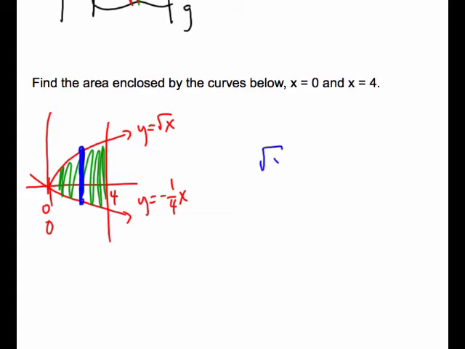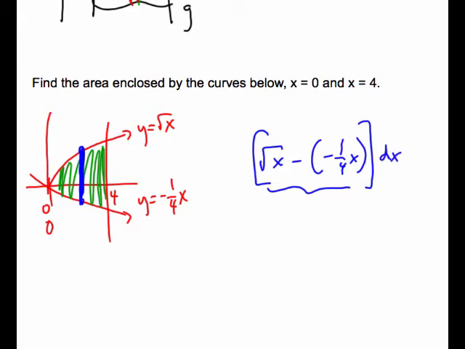So if I take the top function minus the bottom function, that's the height of each rectangle at any value of x that I'm at, times the thickness of each rectangle, summing up all rectangles running from x equals 0 to x equals 4. And you can calculate that through the first fundamental theorem, or using your calculator, you're going to get 22 over 3.